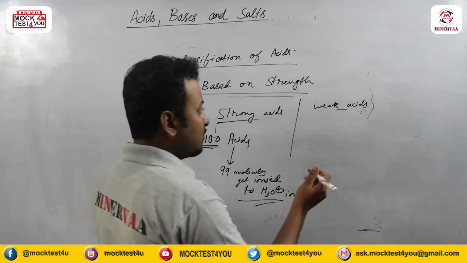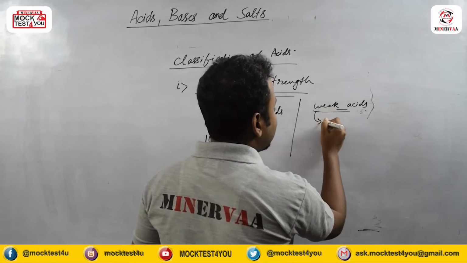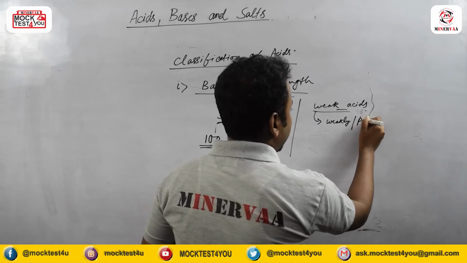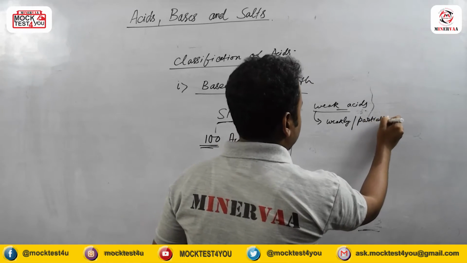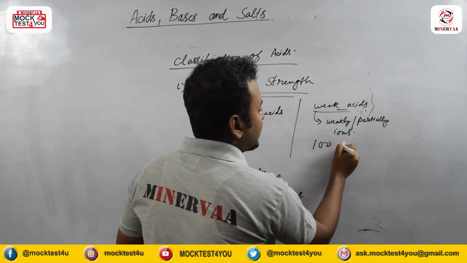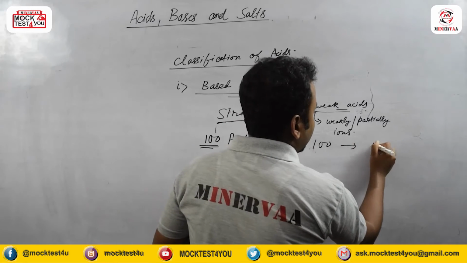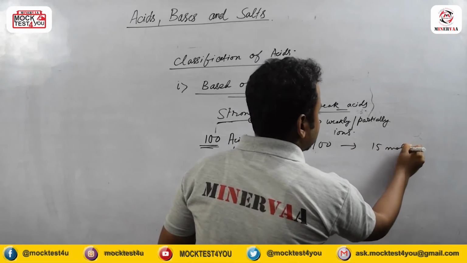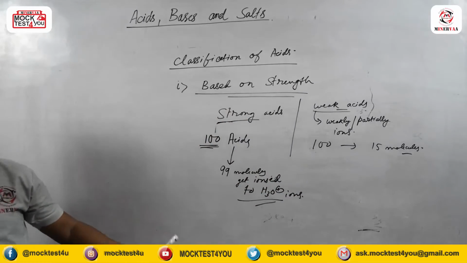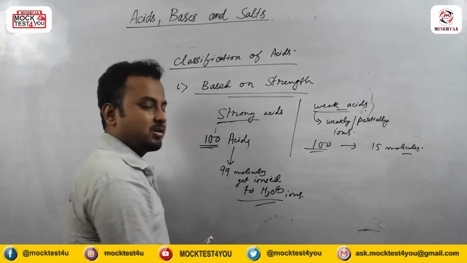Okay, so what are weak acids? They are weakly or partially ionized. Out of the 100 molecules, maybe 15 molecules are getting ionized, and the rest of the 85 are remaining as acid molecules, right?